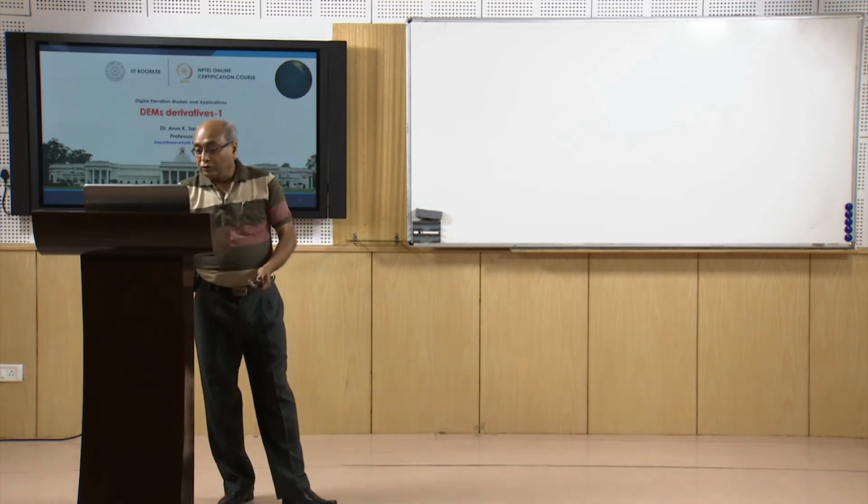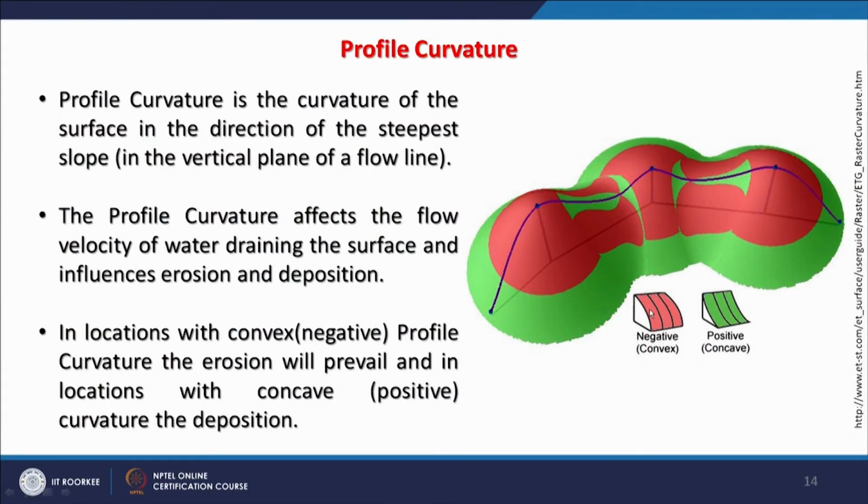And profile curvature affects the flow velocity of water draining on the surface and influences erosional and depositional processes. In locations with convex, that is negative, profile curvature, the erosion will prevail. When you have a negative or convex profile curvature, you expect more erosion, and in case of positive, that is concave, there might be deposition or less erosion.